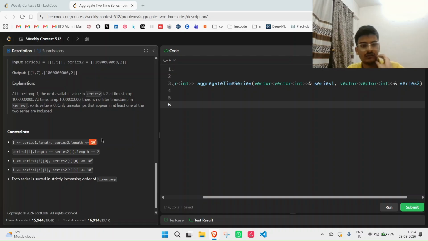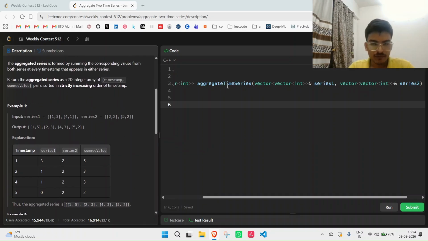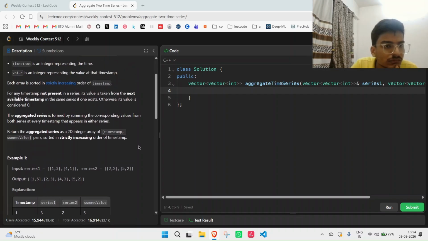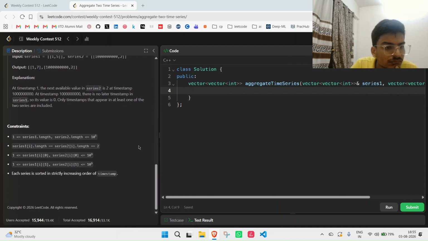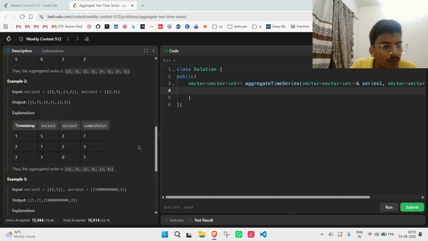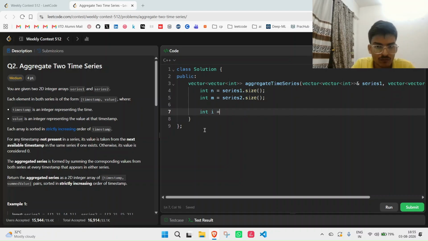We can iterate linearly. The sizes may not be equal, right? So int n is equal to series1.size, int m is equal to series2.size. We can write int i = 0 and j = 0.